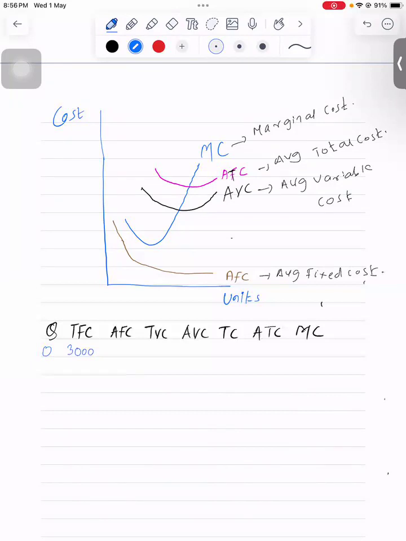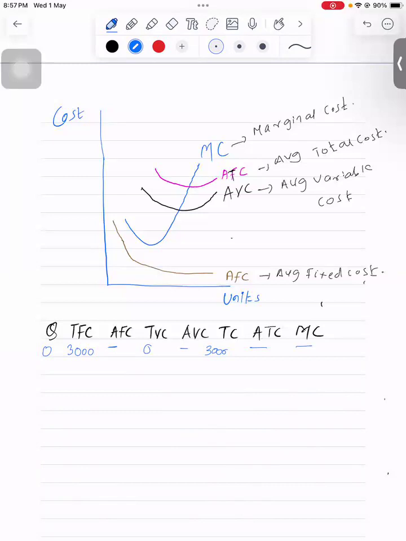We cannot find average fixed cost since we do not have any production. Total variable cost will be zero because sales are 0. Variable cost will be 0. We cannot have any average variable cost. What will be the total cost now? Total cost will be 3000, fixed plus variable. We cannot have average total cost. We will not have marginal cost.